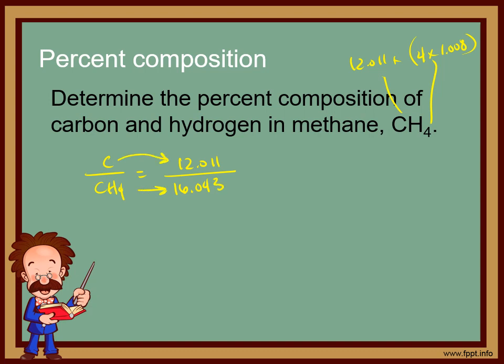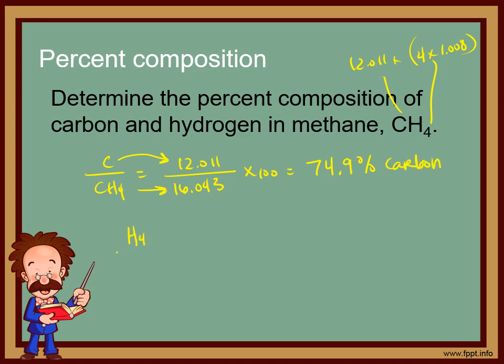The mass of just the carbon is 12.011. Times 100 to turn it into a percent, and we get 12.011 divided by 16.043, grand total of 0.74867, lots of digits, times 100, 74.9% carbon.